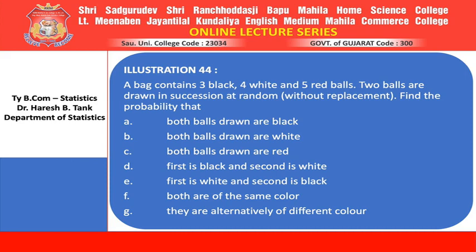Find the probability that both balls drawn are black, both balls drawn are white, both balls drawn are red, first is black and second is white, first is white and second is black, both of them are of same color, and one of my favorite, they are alternatively of different colors.